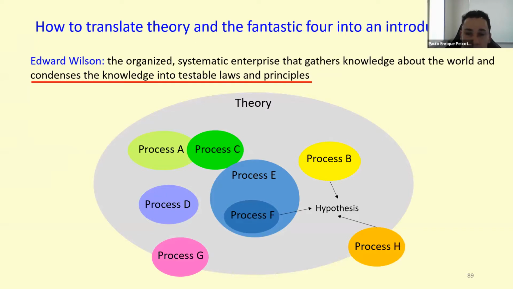The theory is greater, the process is smaller inside the theory, and finally I get the hypothesis. So when I'm thinking about an introduction, I have to show the reader that there is a connection from the theory to the processes and how they are arranged to create a given hypothesis, okay?